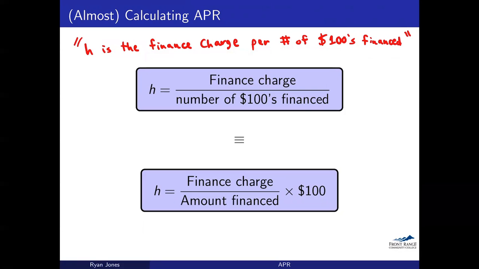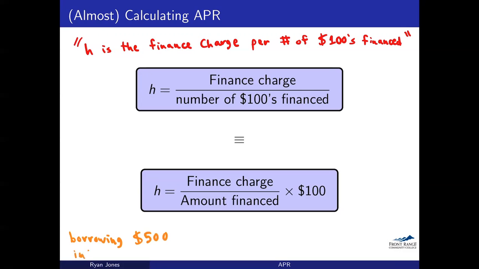Finance charge and interest are equivalent terms. So this H just tells us it's a ratio of our interest to how much we're actually borrowing. And so for example, let's say that I was borrowing $500.